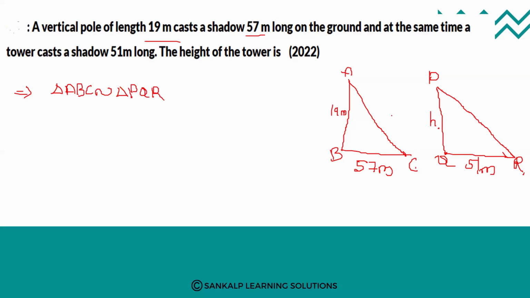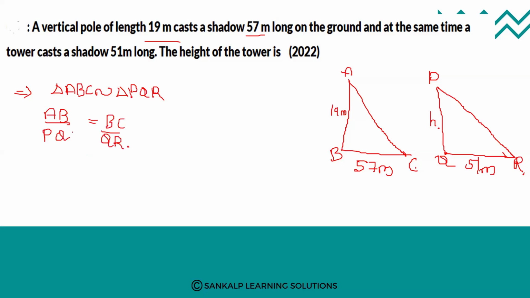So these are similar, right? So AB divided by PQ. Why? Because these two are corresponding sides. AB divided by PQ is equal to BC divided by QR.